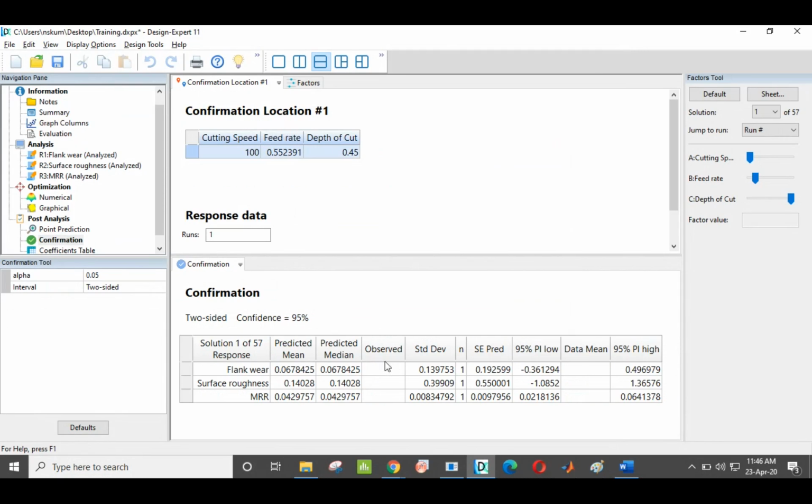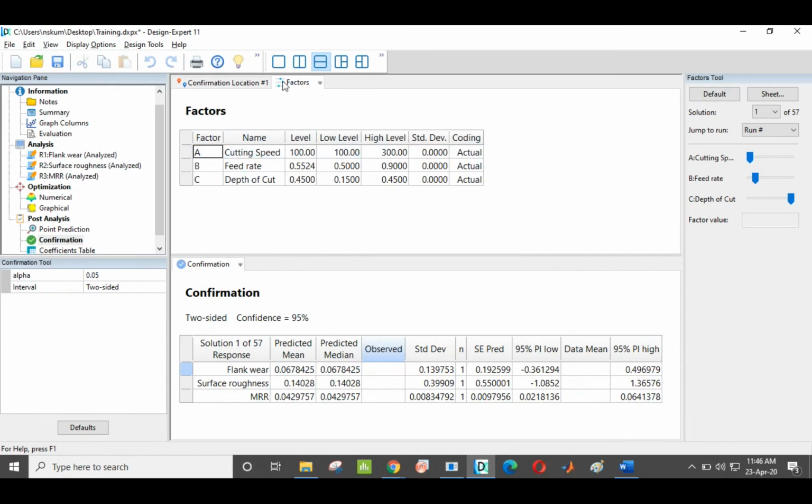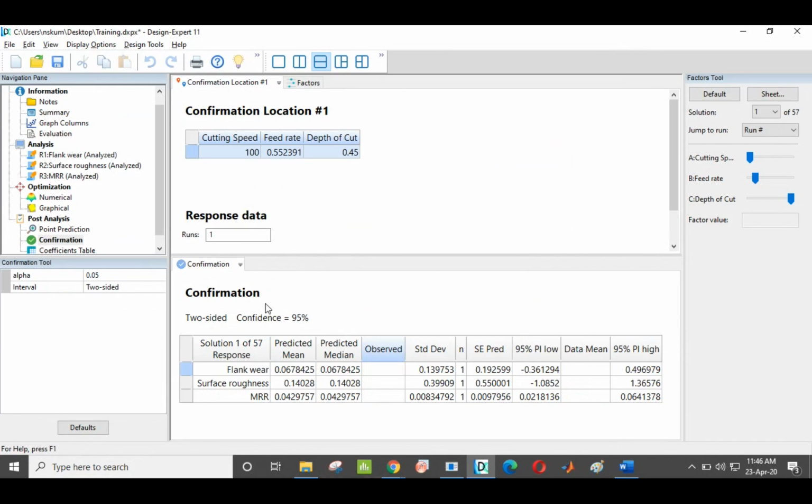This is my optimum conditions. In the confirmation experiment, we can enter the observed values and we can have a comparison of these two things. So this is all about the Box-Behnken design.